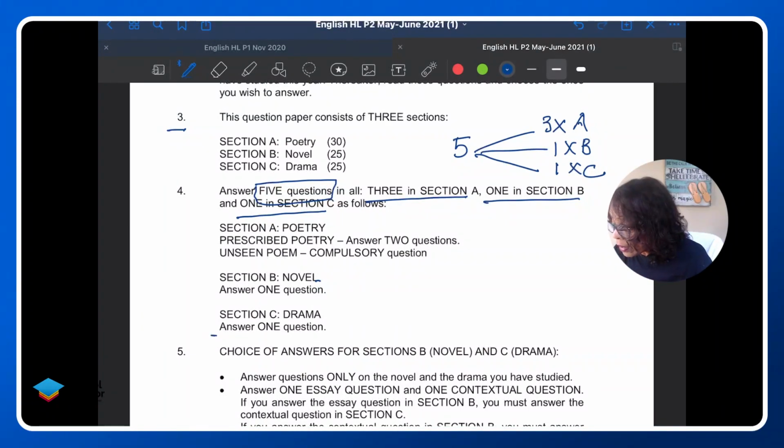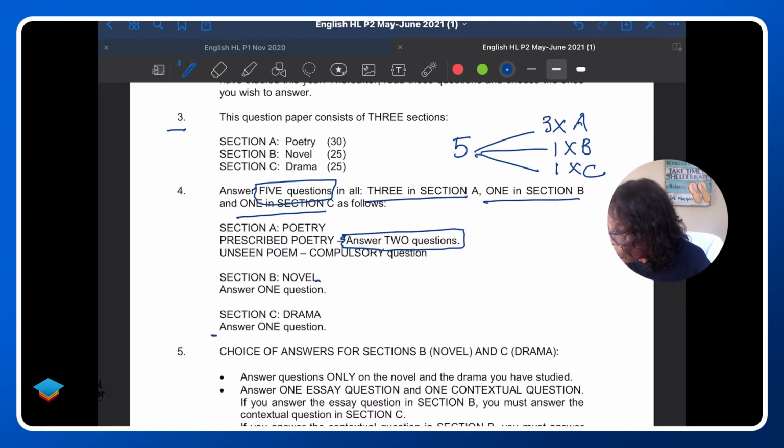Section A is the poetry. Now you have the prescribed poetry, those 12 poems that you were supposed to study. So you must have an in-depth knowledge of those 12 poems. And for the prescribed poetry, you must answer 2 questions, right? And then part of section A will also be an unseen poem.